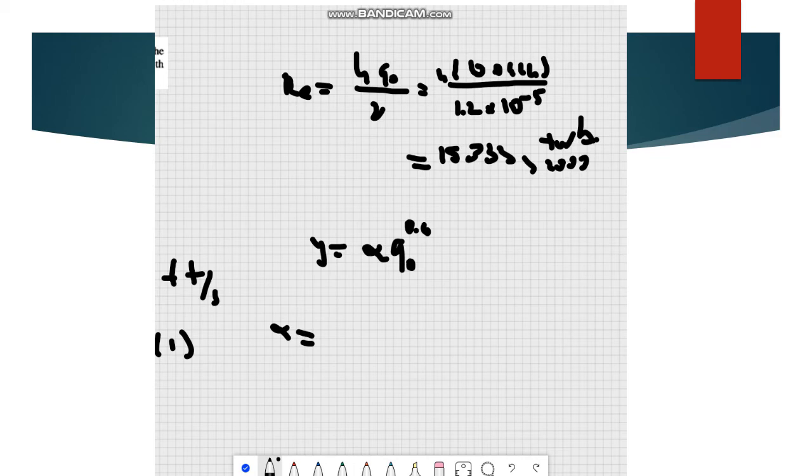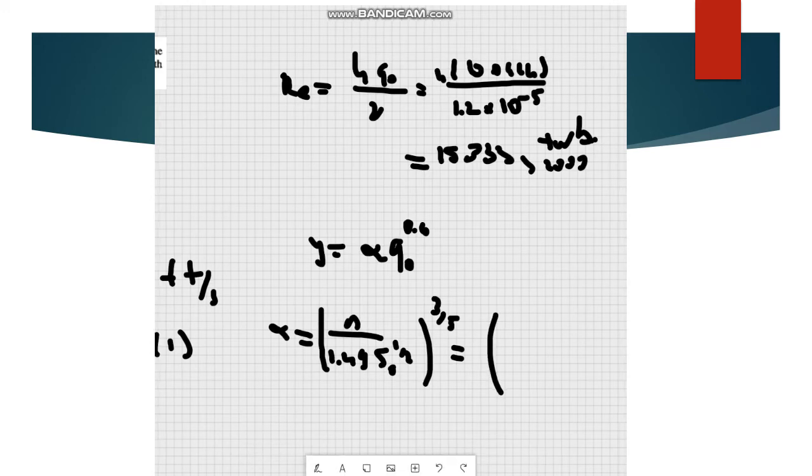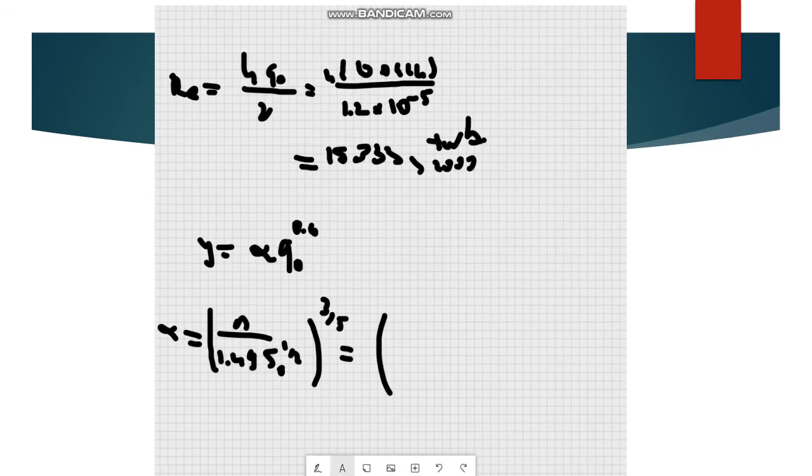Alpha is (n over 1.49 times S0 to the 1 over 2) to the power 0.6.